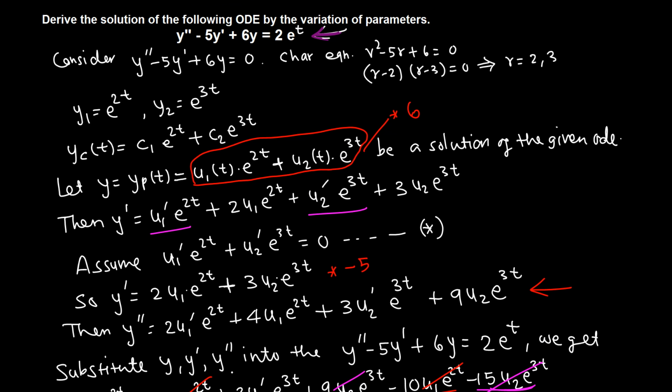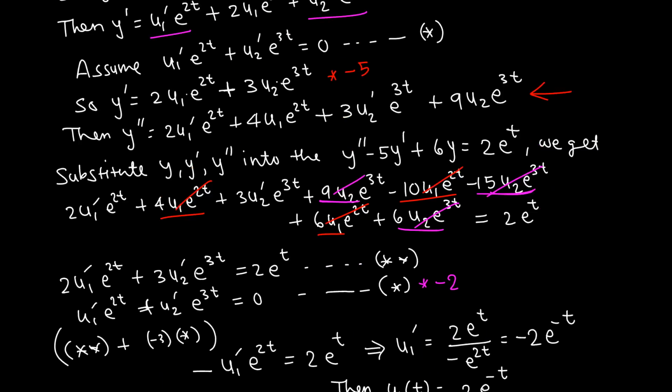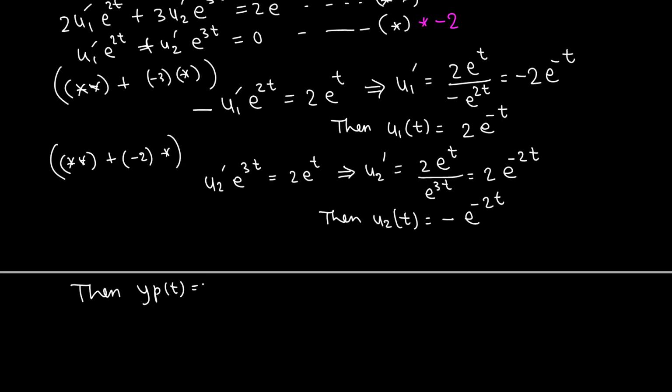So u1 we just found here, 2 e to the -t times e2t, plus u2 which we just found -e to the -2t times e3t.